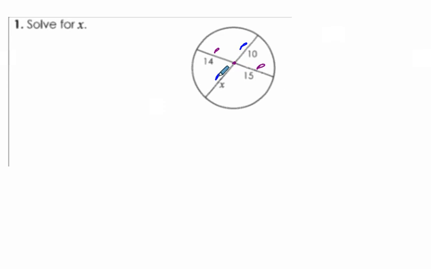If we look at this blue chord, we're going to multiply those two parts. So we would have 10 times x, or 10x, is equal to the purple parts multiplied. So you would have 14 times 15 in this case.